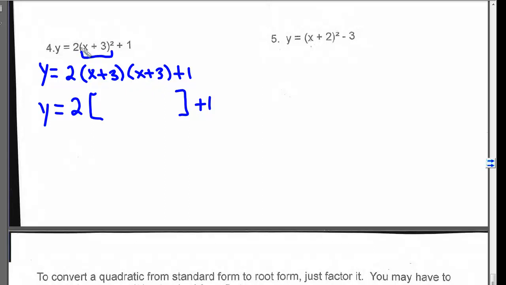So the short way is we know that this term is x squared. The 3 squared is 9. And 2 times 3 times x is 6x. So we have x squared plus 6x plus 9.